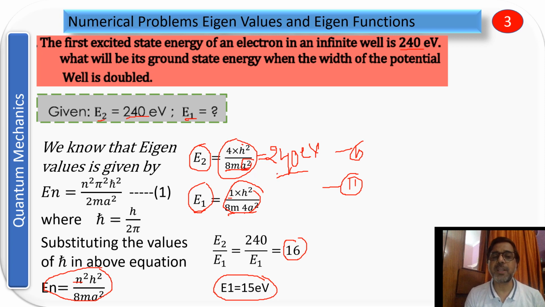Find out the value of A. Whatever value of A you have got, double it and substitute it in equation number 2. Then you will get the value of E1, and that again will be 15 electron volt.